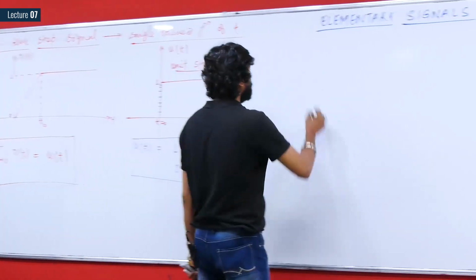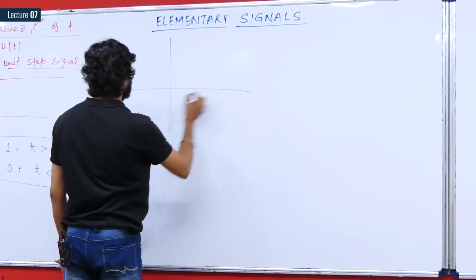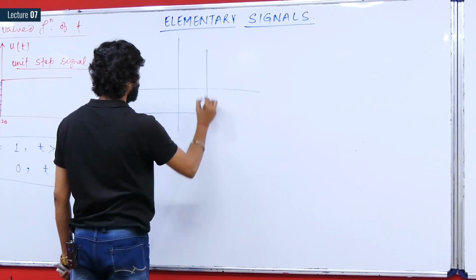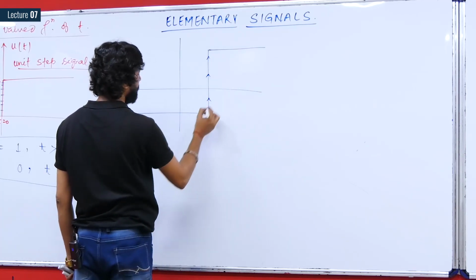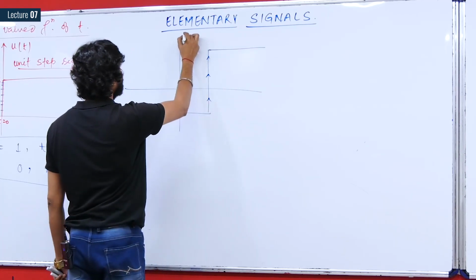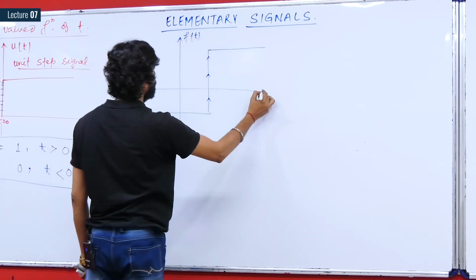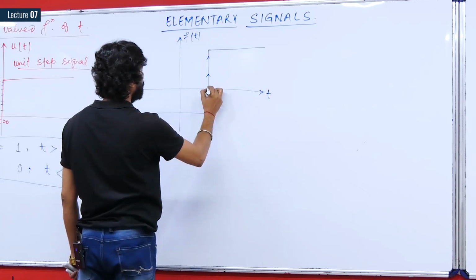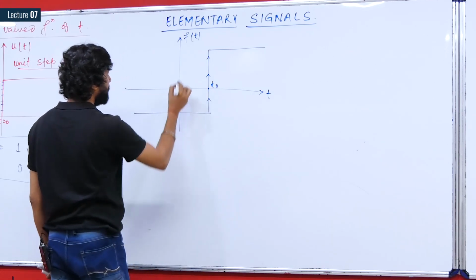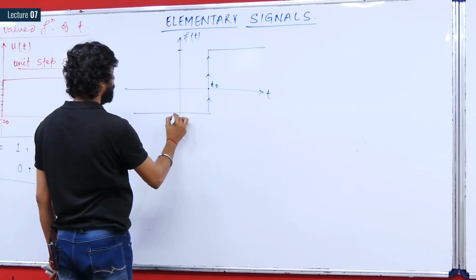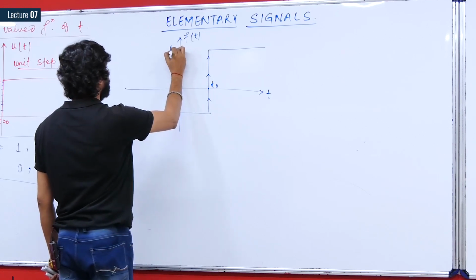So let it be any signal which is having a discontinuity. You can see here, let it be your signal f of t with respect to t, and at the instant t equals to t naught it is varying its value from, let us say, minus a to b.